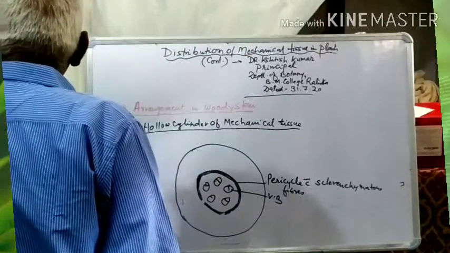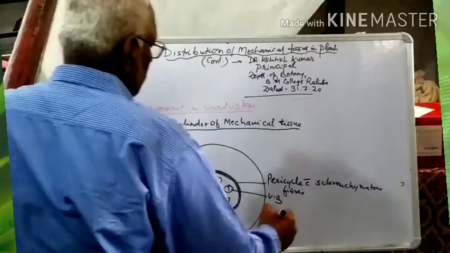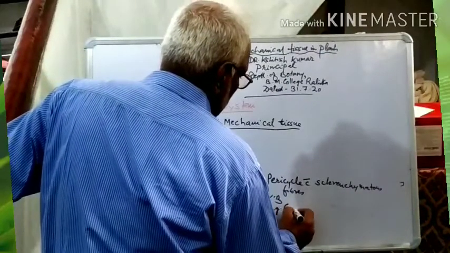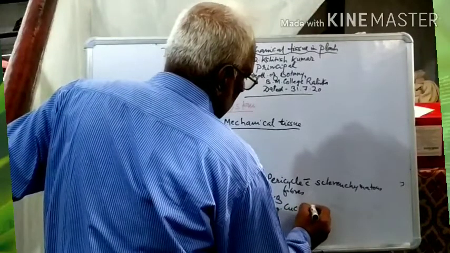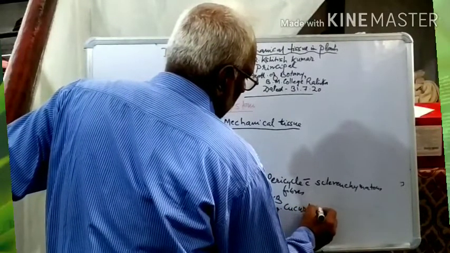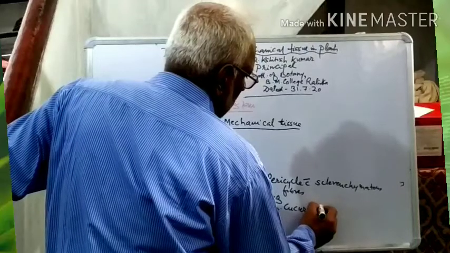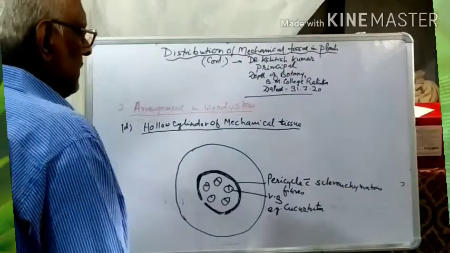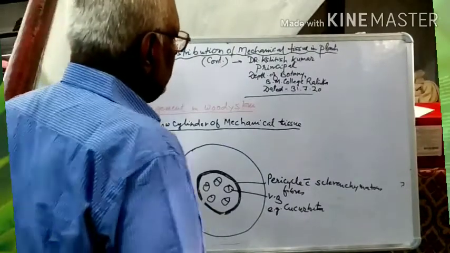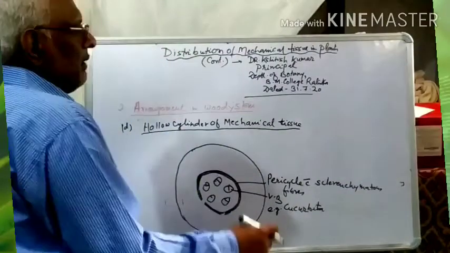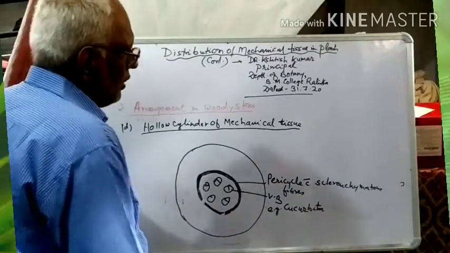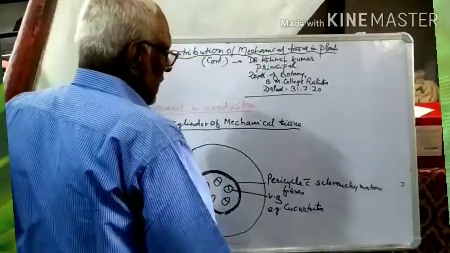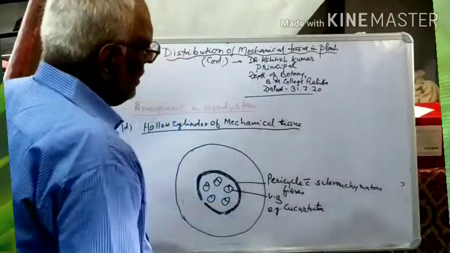As the example is Cucurbita, the Cucurbitaceae family, the plants of Cucurbita, in which Luffa cylindrica means lauki, and Cucumis melo, and so on, different plants are found.